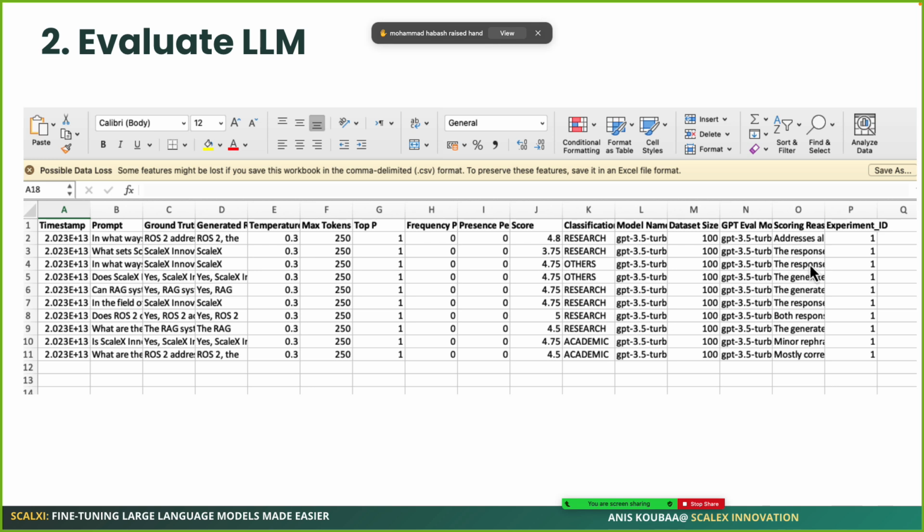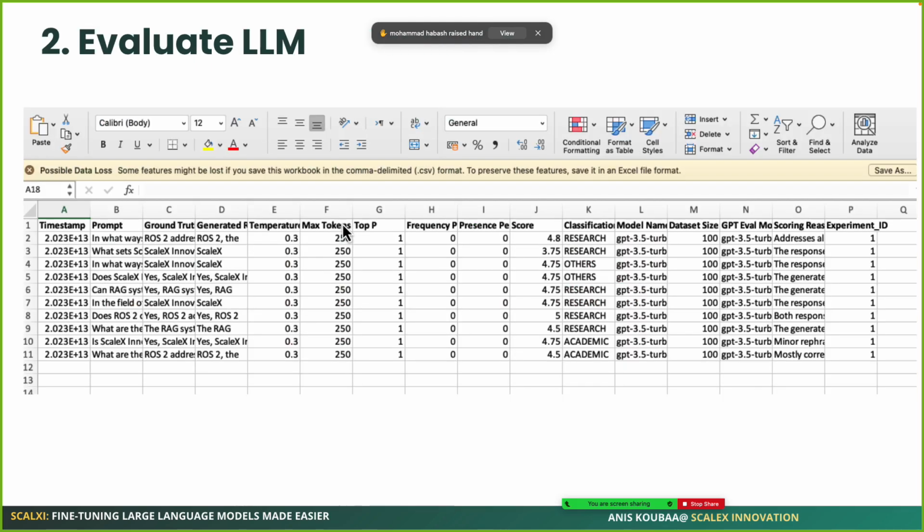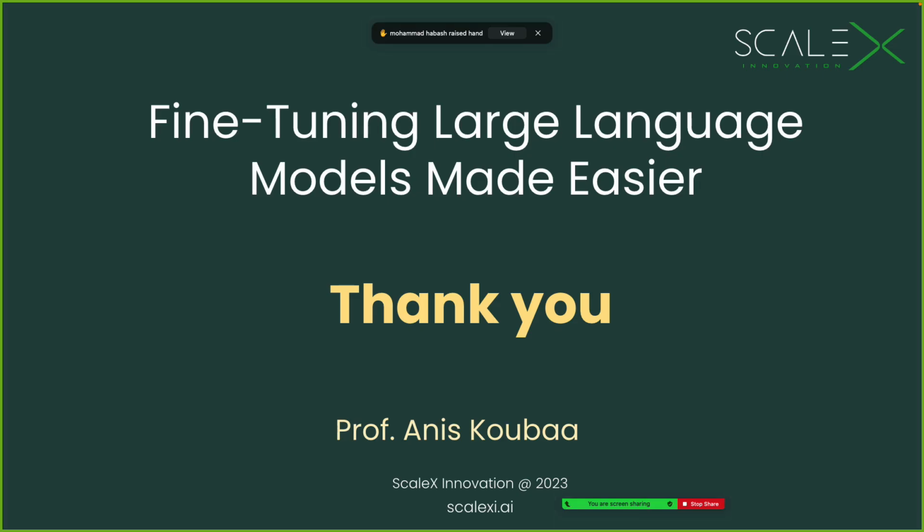Later on, if you have sufficient time, you can read all the reasons and adjust your weights. But in most cases, it does a pretty good job, especially if you work with GPT-4. It's very, very accurate, and the scoring reasons are also very decent. That's pretty much it. By following all these steps, you can have your model fine-tuned and also evaluated.